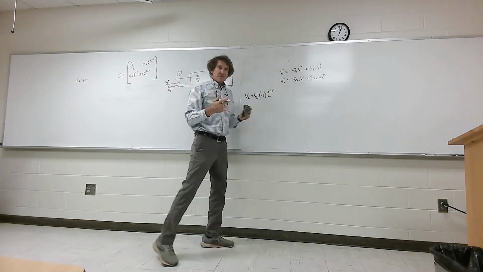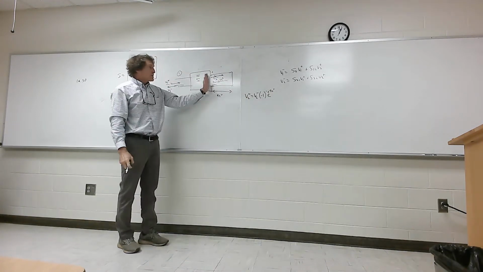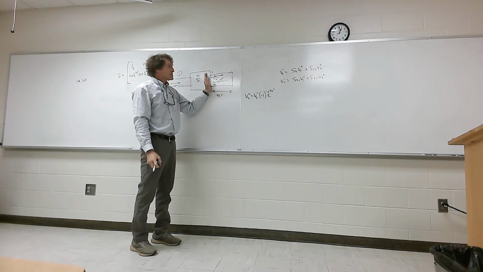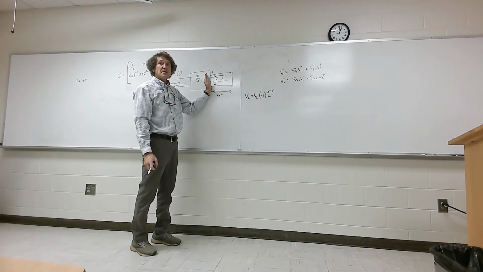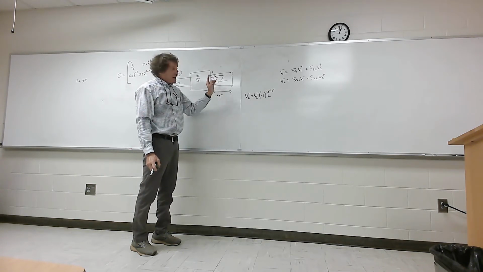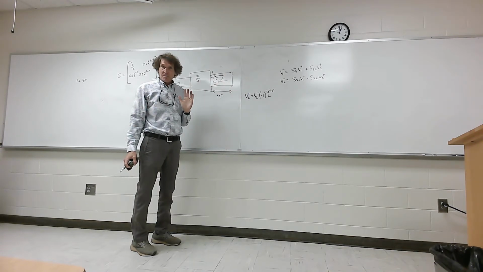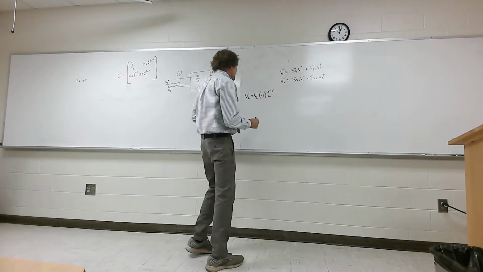Y'all follow me how I got the phase difference? Whatever it is here, when it hits here, it's e to the minus j 45 degrees. Y'all follow me on that? Then from here to here, it's e to the minus j 45, or a total of e to the minus j 90, right? I put the -1 in here because it's a short. Correct, everyone?